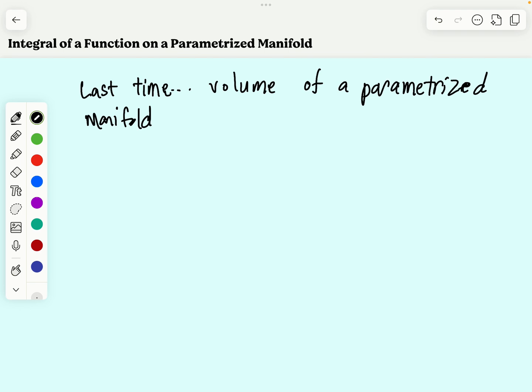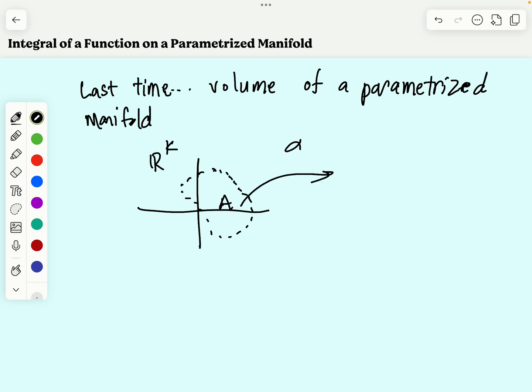In the last video, we talked about the volume of a parameterized manifold. Let's just review what that was about. You have some map from an open set of R^k. Let's say k is 2, so you have some open set in R^2, which is A, and then you have a function alpha into R^n.